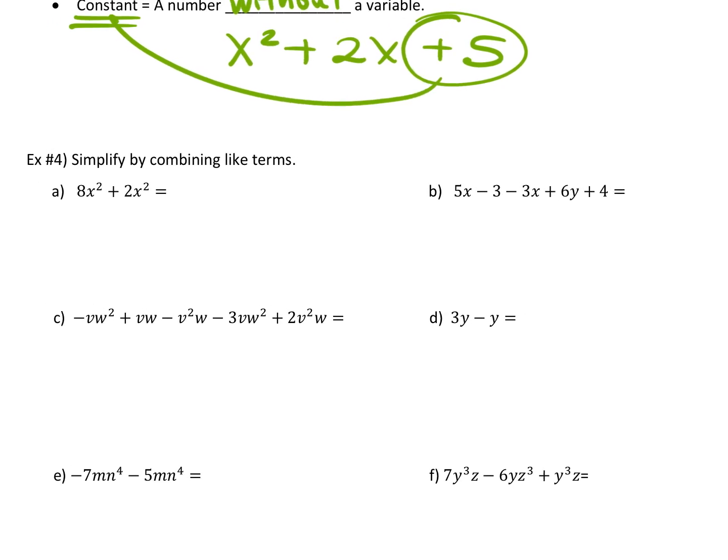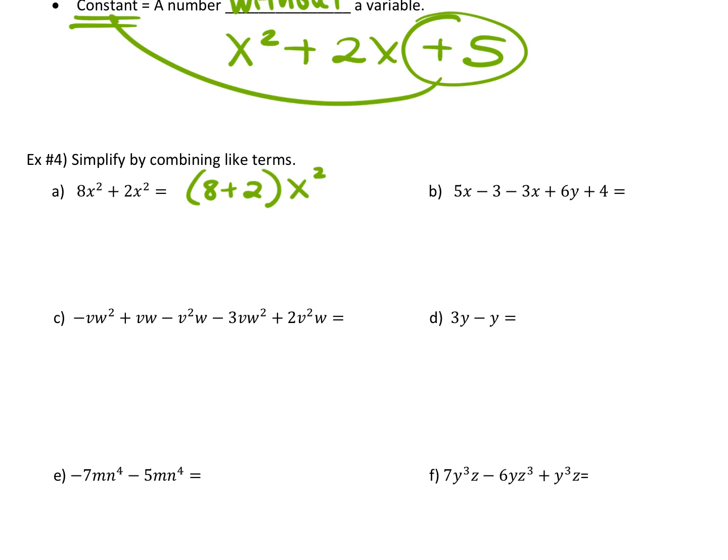Let's talk about this. Okay, so I'm going to show you on this first one how this is technically the distributive property. What you're doing here, this is 8x squared plus 2x squared. Mathematically, the concept is this. You are doing 8 plus 2 with an x squared, right? So I just reversed the distributive property. I pulled the x squared out of it and added the two things.